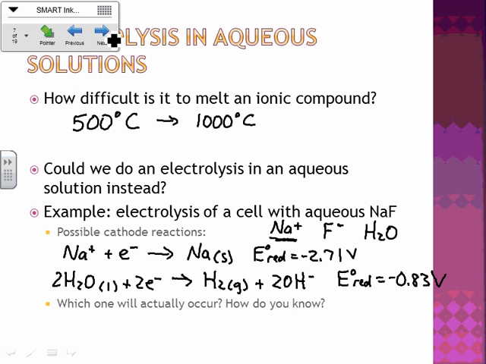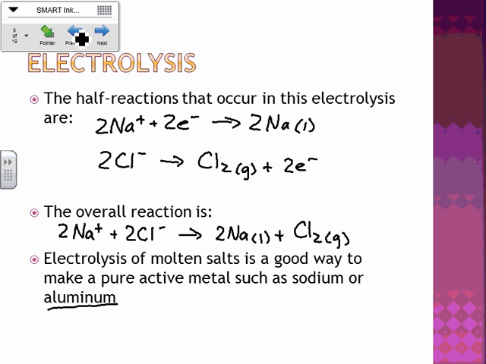So we pass electricity through this thing when it's in water. We're reducing the water, not the sodium, unfortunately, okay? So that's a problem because now this doesn't end up happening, and that's what we were trying to get to happen in the first place. All right, so that kind of explains why we have to do it this way instead.